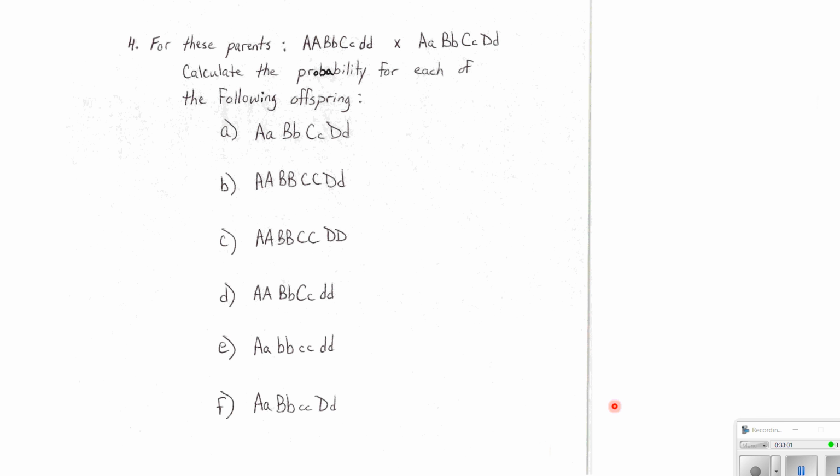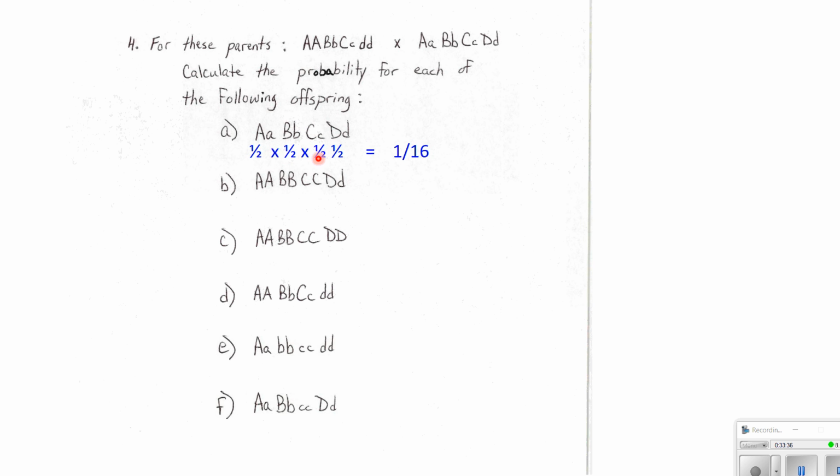Okay, and here's the last set of problems. You know what to do. So we've got our two parents up here, and look at their genotypes. With these two parents in mind, what is the probability that they'll produce this kid, or this kid, or this kid? So you can see I've done the first one there. This would be a probability of 1 times 1/2, which is 1/2, a probability of 1/2 for big B, little b.